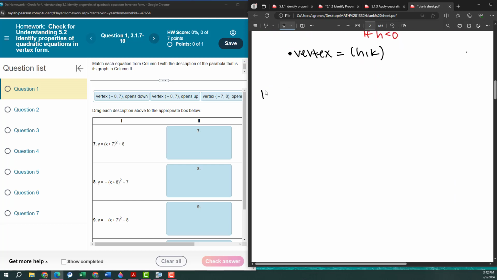So let's look at number 1 on 5.2. So we've got 7, which is y equals (x plus 7) squared plus 8.